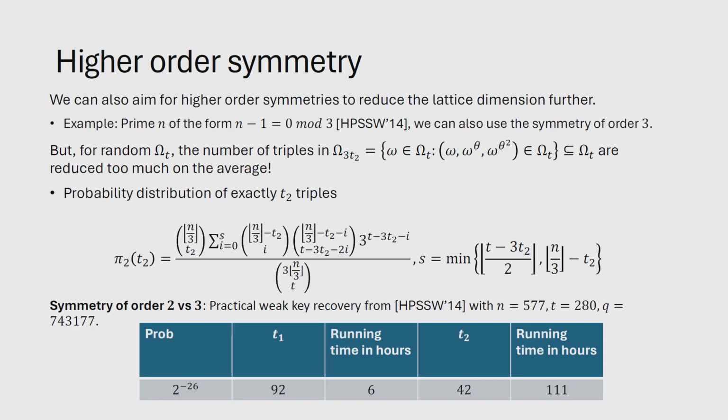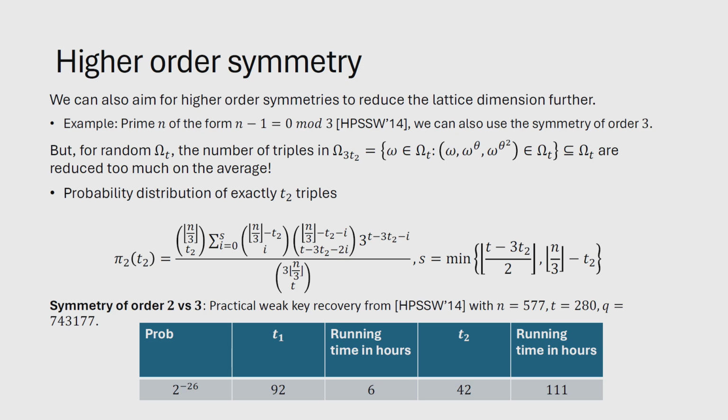Last thing, why don't we use the symmetry of higher order? It is because if we use symmetry of higher order, the evaluation points are reduced too much on average. For example, one of the proposals takes n minus 1 equal to 0 mod 3. The number of triples for probability 2 to the power minus 26 goes to 42, where the number of pairs would have been 92 on average.